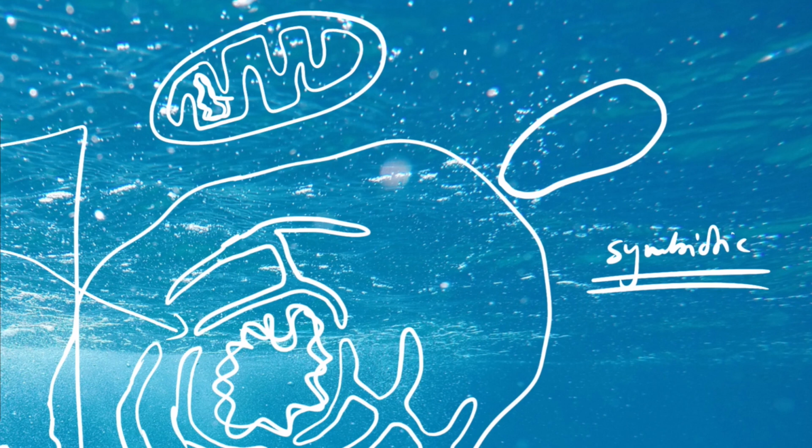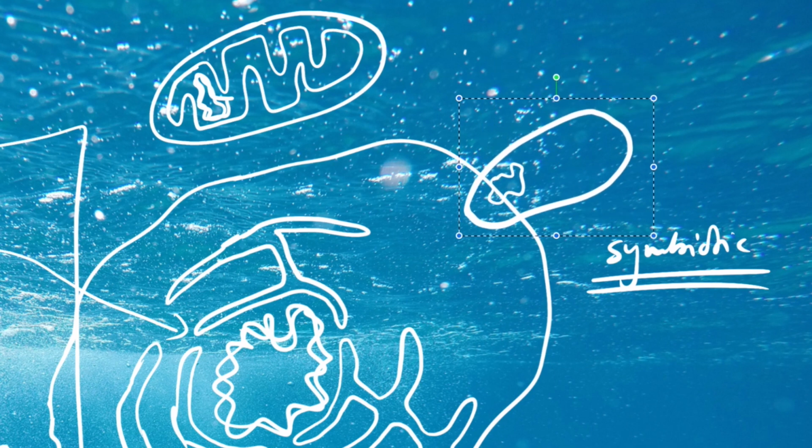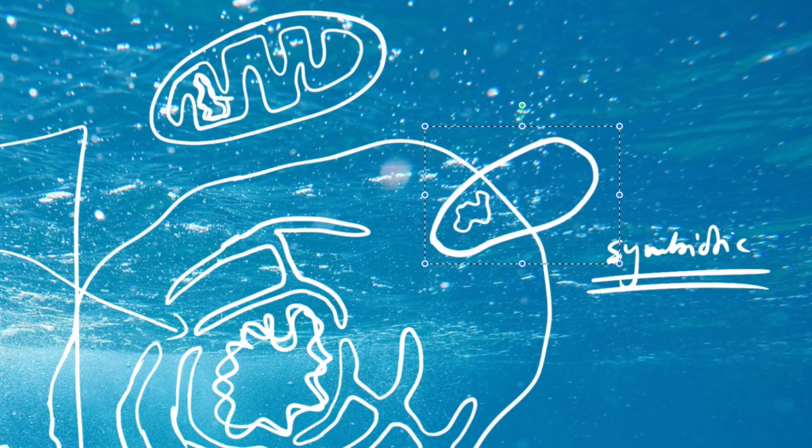And it would then follow that perhaps these cells, with their own DNA inside, with their own cell membrane, perhaps these guys started to get internalized. Okay, so they started to get internalized into the larger cell, or the cell with which they had a symbiotic relationship.